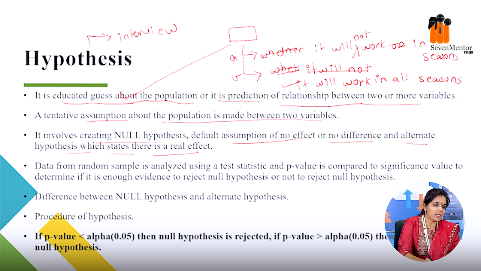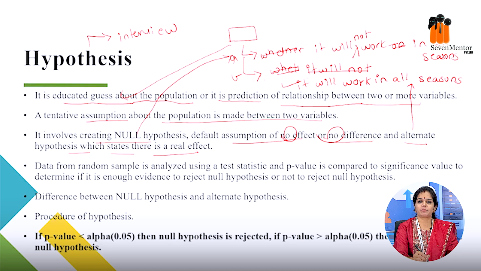So, I made here two statements. What does the null hypothesis say? It makes an assumption of no effect, no difference. The first statement is my null hypothesis. The alternate hypothesis states it is a real effect.